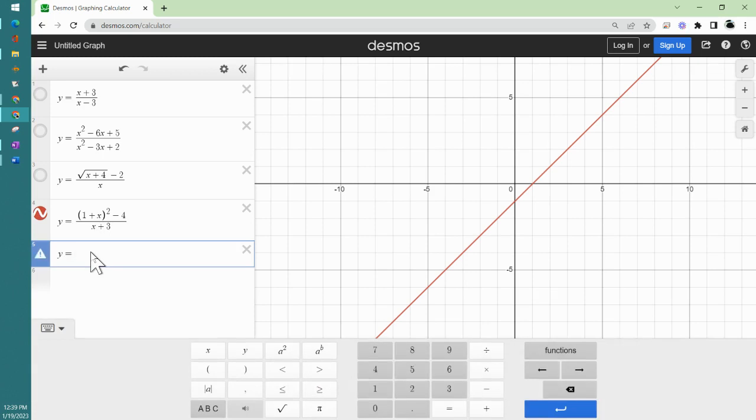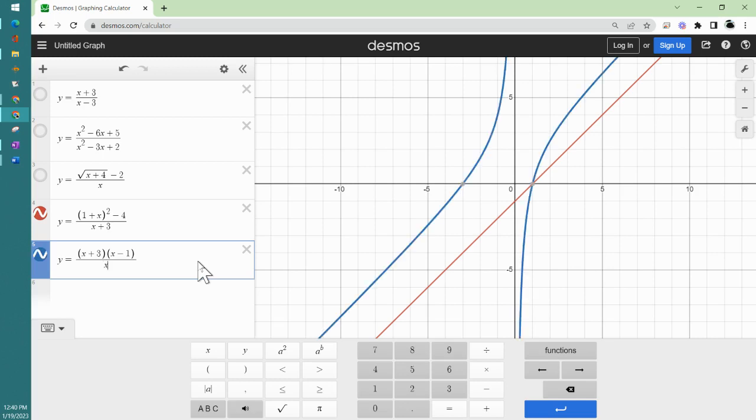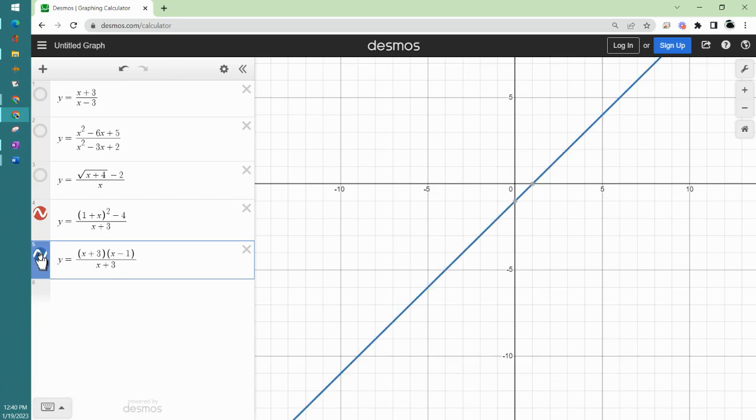For example, look, if I just type in a numerator here of (x minus 1)(x plus 3), oh gosh, can't type either, and then I stick my x plus 3 there. Look at that. This is the same graph. These two graphs show up at the same location. Okay? Because this and this are the same thing.